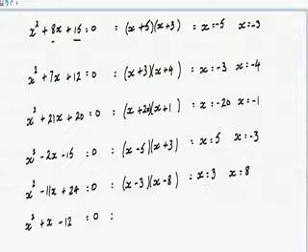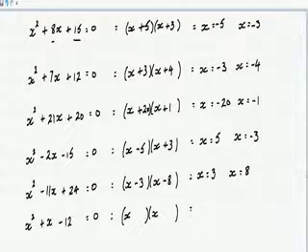Okay, so we go to the final one. So we have x and x, this will give us x squared. So what times what will give me 12. Now because we've got x here, that's 1x. So we want to know what times what that if I add or subtract will give me 1.